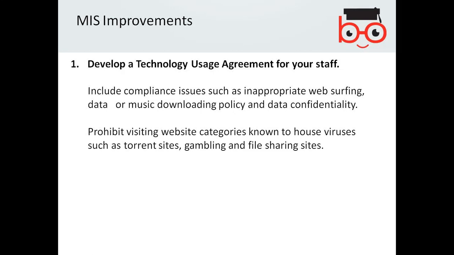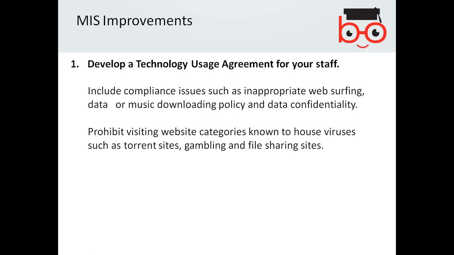So obviously, if you are in the office watching YouTube or downloading anything inappropriate, or downloading too much data, then it will affect the organization's speed. It will affect the organization's computers and equipment. Prohibit visiting website categories known to house viruses, such as torrent sites, gambling, and file sharing sites.